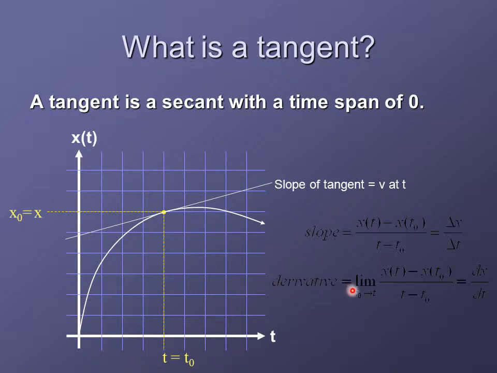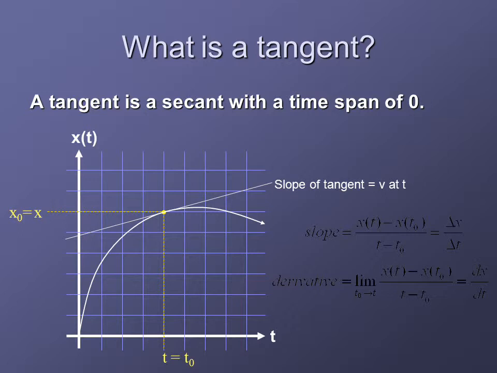The derivative is the limit as our 2 points come together of our vertical coordinate divided by our horizontal coordinate, or the difference in our vertical coordinate divided by the difference in our horizontal coordinate. Now, since this is infinitely small, we call this dx, not delta x.